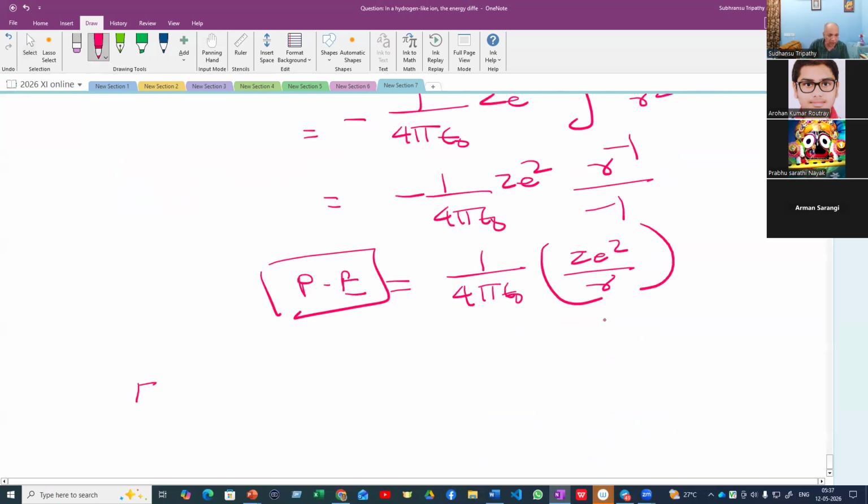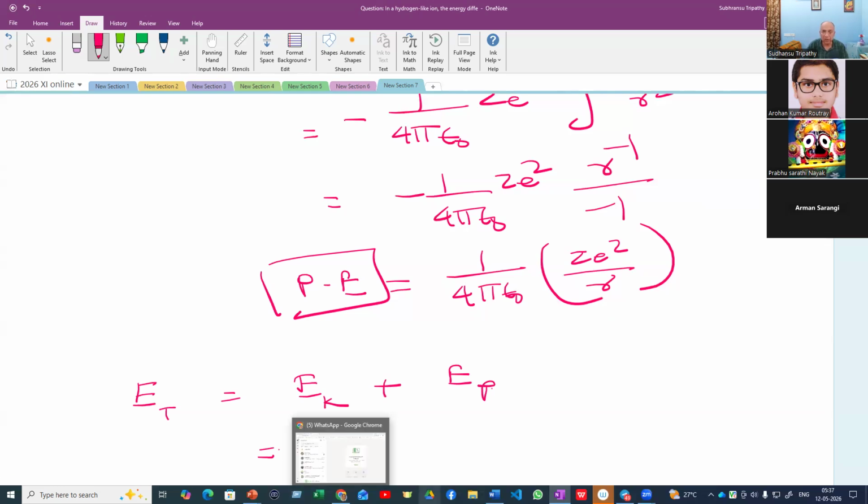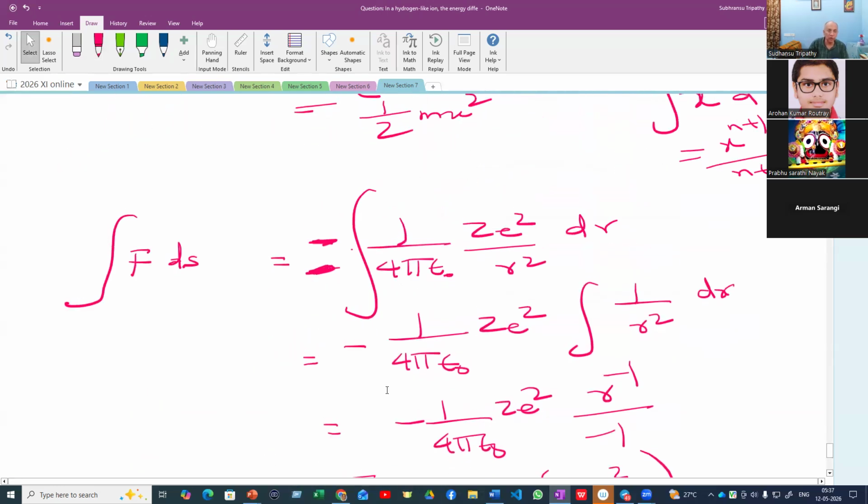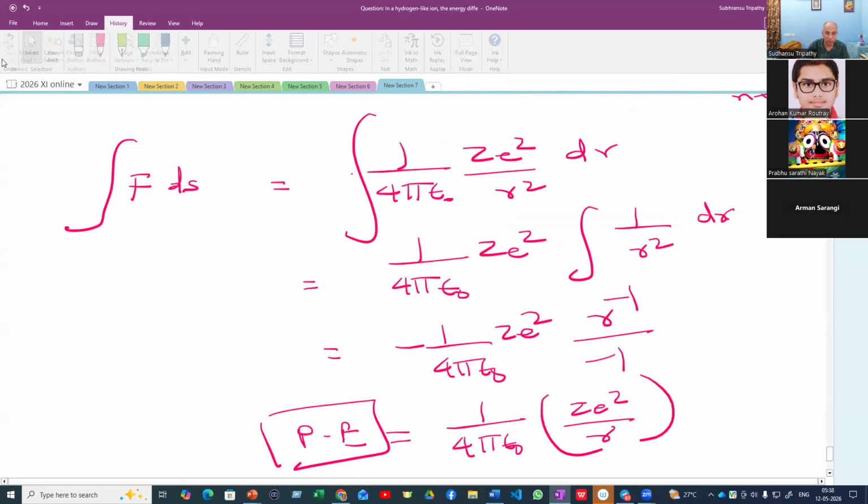So let us once again write E total will be E kinetic plus E potential. Oh no, it will be minus. Potential energy is always minus. So we don't take the minus sign here. We take the magnitude of the force, but potential energy will be minus, because energy is lost.